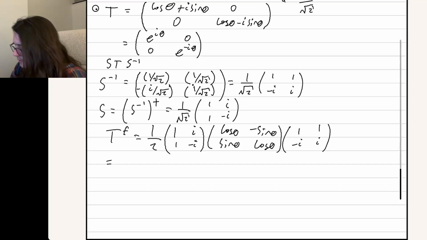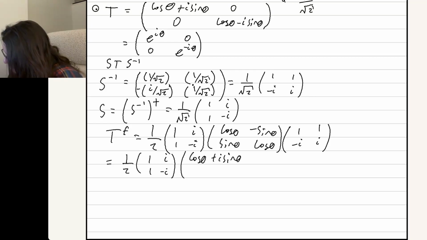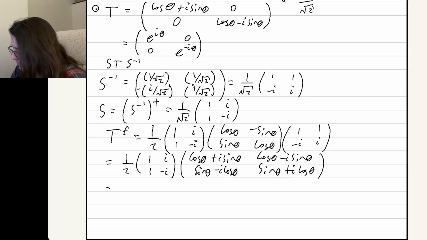We can multiply the last two matrices together, and that gets us cosine theta plus i sine theta, and then cosine theta minus i sine theta here, and then sine theta minus i cosine theta for this one, and then, nope, it's actually sine theta plus i cosine theta, right.